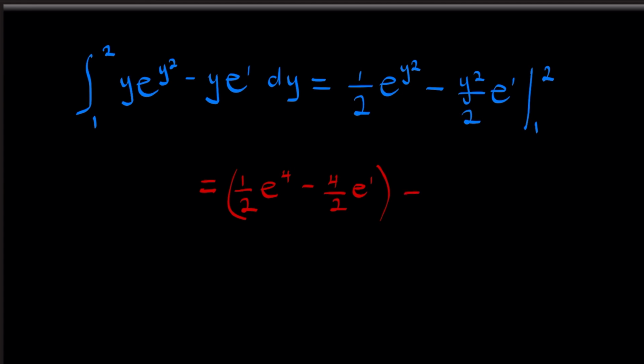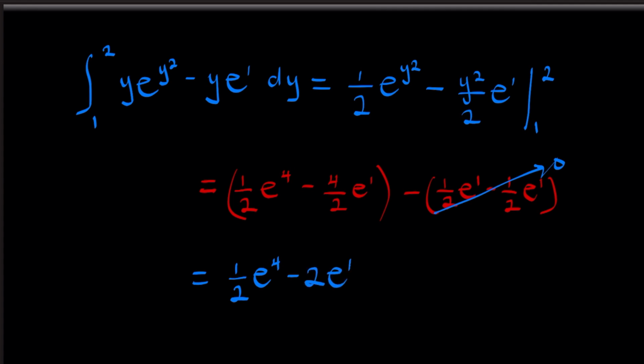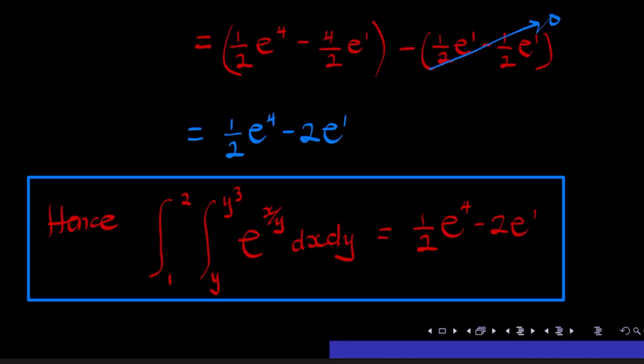Then minus that of the lower range, so that's going to be 1/2 e exponent 1 minus 1/2 e exponent 1. So now this guy will go to 0. Now let's simplify this guy. So that's going to give us 1/2 e exponent 4 minus 2 e exponent 1. Hence, our answer to the double integral question is given below.